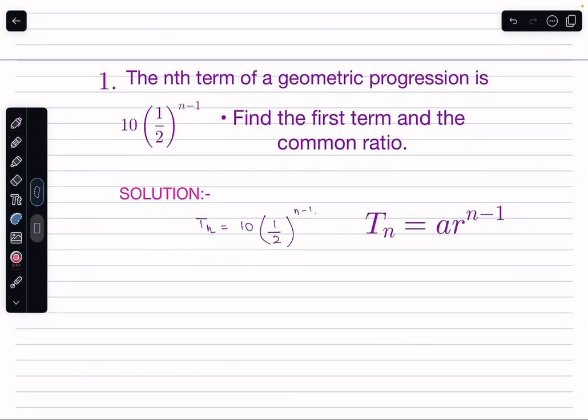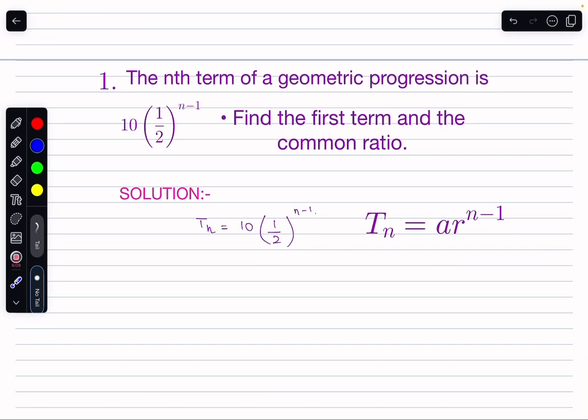If we look at the term equation that is given to us, Tn equals 10 into 1 by 2 to the power n minus 1. I can compare it with the term formula, and I can see that this a value is basically 10, and my common ratio here is 1 by 2.